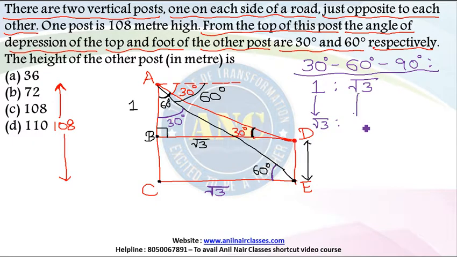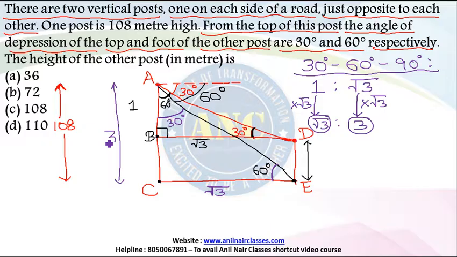Root 3 should also become 3, because 1 into root 3 is root 3, and root 3 into root 3 is 3. That means opposite to 30, if it is root 3 in the bigger triangle, opposite to 60 should be 3. Opposite to 60 means which one? This AC is what they are referring to. The entire AC value should be 3 units.